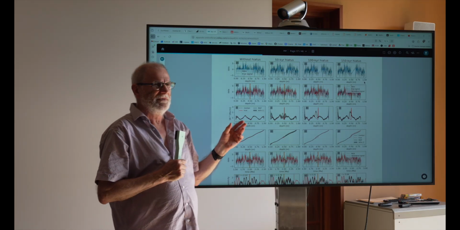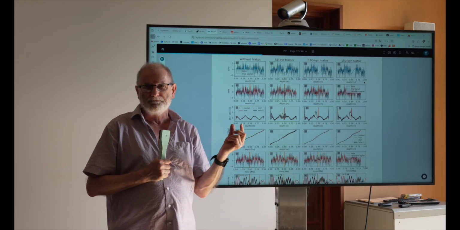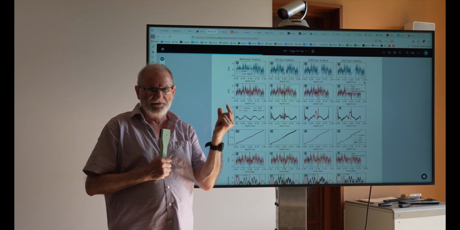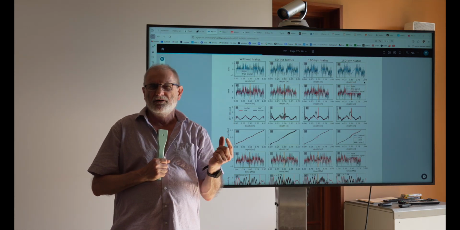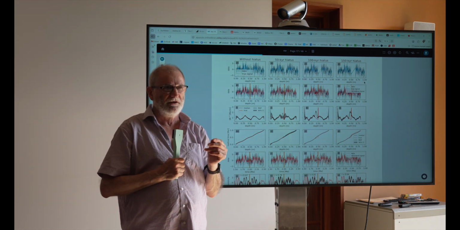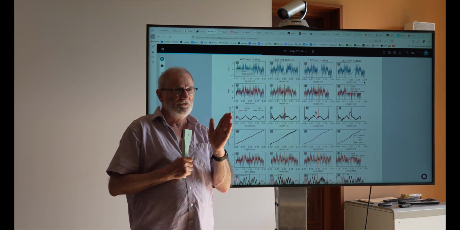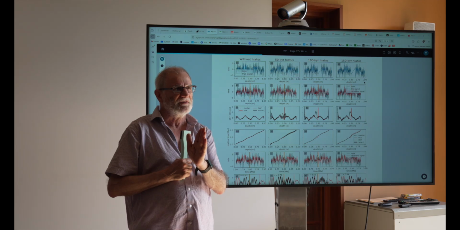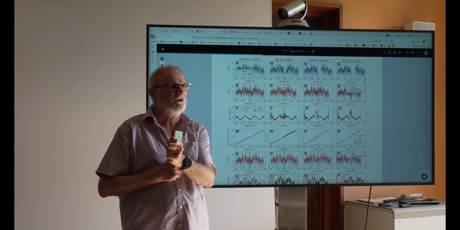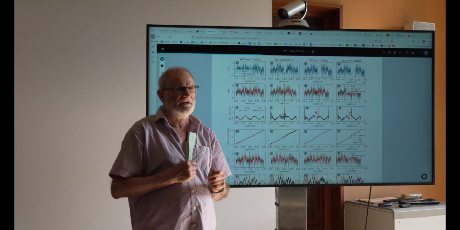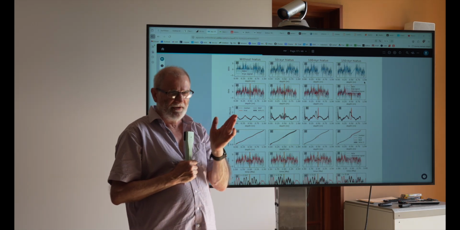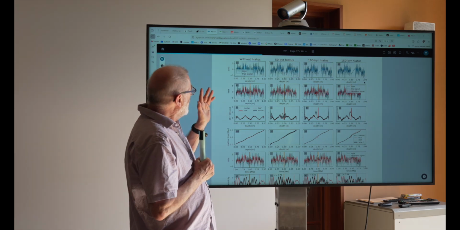But here, the problem is you miss some data, and you don't know how much. Of course, this is a big problem when you count the cycles, because you don't know how many cycles you miss. When you look at the precession cycle, you don't know how to reconnect, unless you have a very strong modulation, but otherwise it's very difficult.